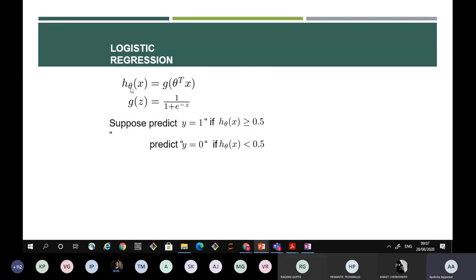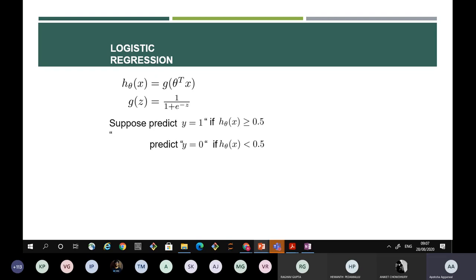So this is h theta x equals g of theta transpose x. Why are we writing the transpose? We have seen earlier as well, because theta is a vector of n plus 1 thetas, theta naught, theta 1, theta 2, and x is again a vector of features.